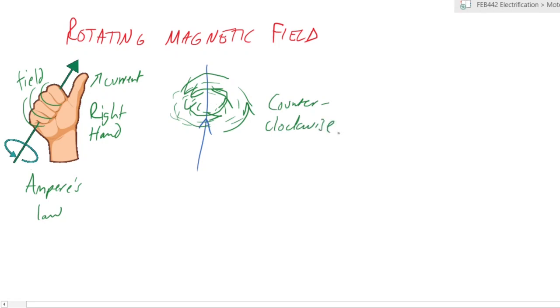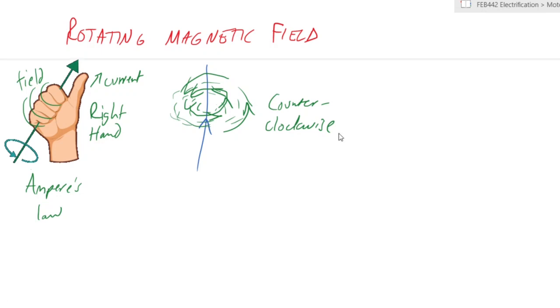Okay. This is the first principle of the operation of the three-phase induction motor. The fact that a conductor that is carrying current creates around itself a magnetic field whose direction is determined by the direction of the current.